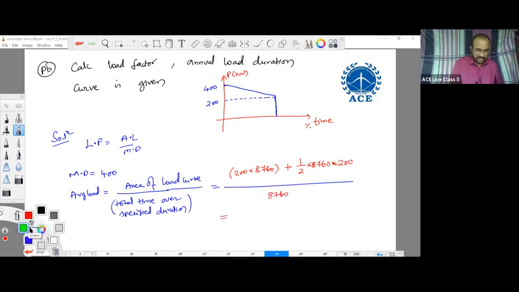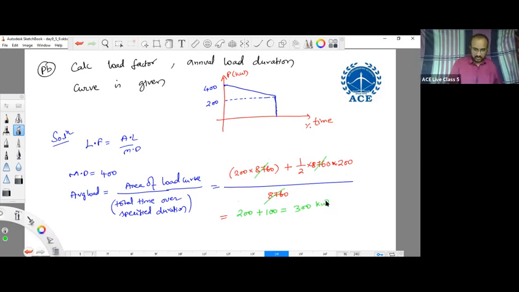The 8760 gets cancelled here. So how much do you get? 200 plus 100. 300 kilowatt is the average load.